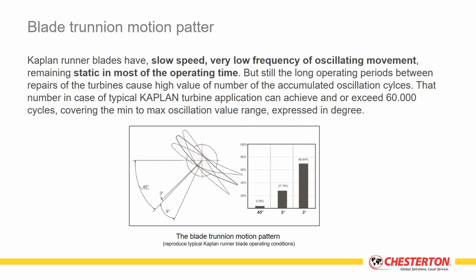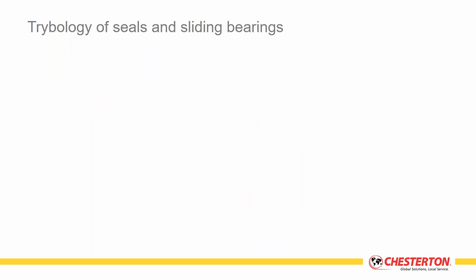Meaning that in most of the cases, as we have already discussed, the blade is in static operating mode, and if it has to move, normally they just adjust the blade position, around maximum 3 degrees.